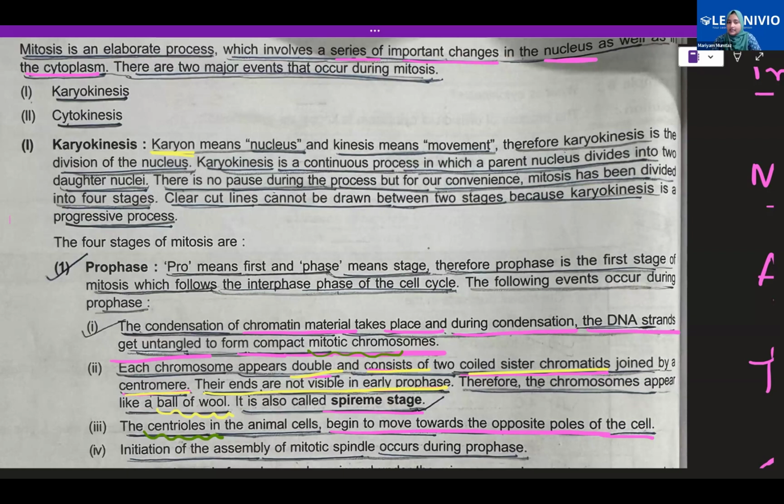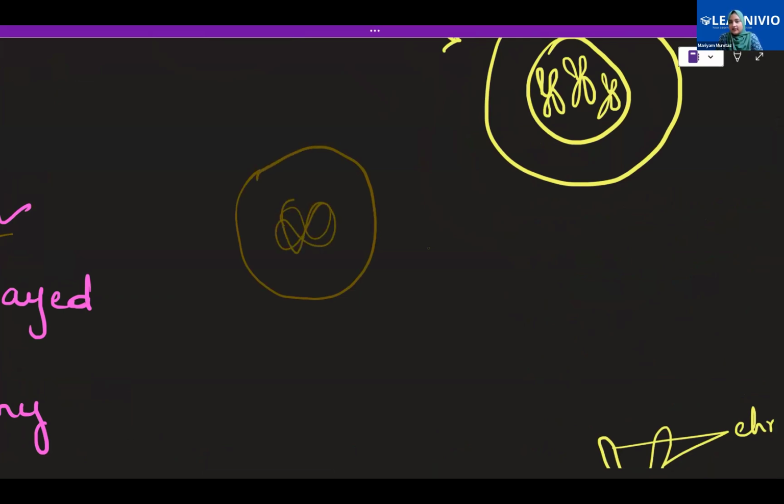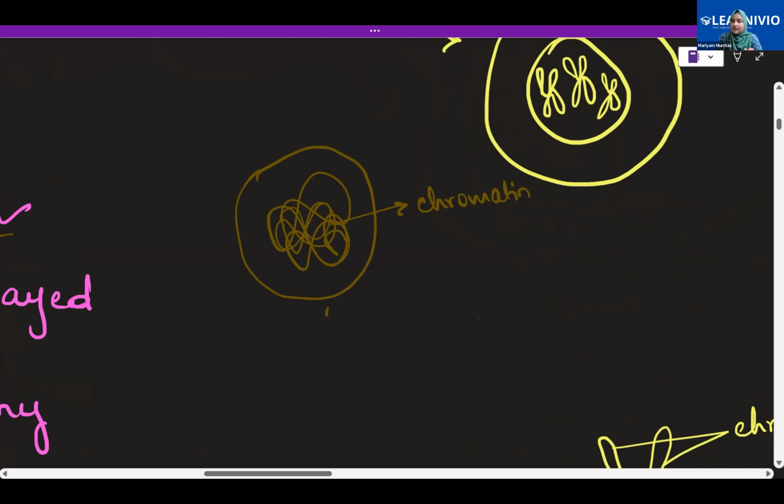Now, during this, the chromatin material, you remember how in a non-dividing nucleus the genetic material is entangled, which we call chromatin? We studied it in the cell chapter. As soon as the cell decides to divide, the condensation of the chromatin takes place and it gets organized in the form of chromosomes.